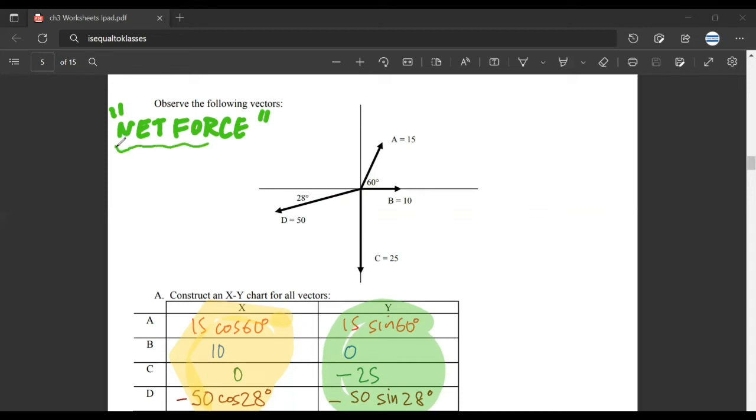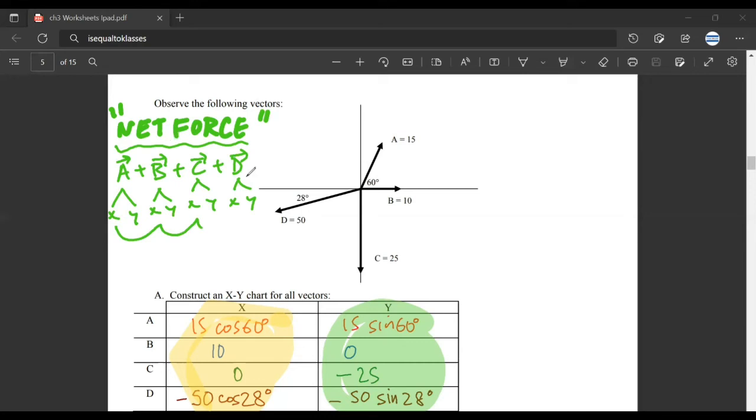So if I want the net effect of A plus B plus C plus D, I can resolve A into x and y components, B into x and y components, C into x and y components, and D into x and y components. Then I'll handle the x components on one side and the y components on the other side.